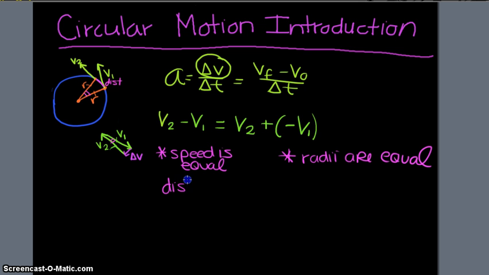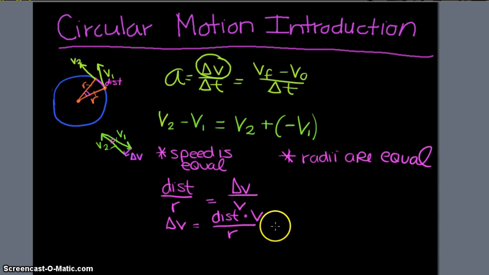So, for example, we know that distance, related to the radius, is going to be similar to this delta V, related to either of the speeds. So I'm going to use V for speed here. And I can come up with an expression for delta V based off of this relationship. I know that delta V here is distance times speed all over the radius.